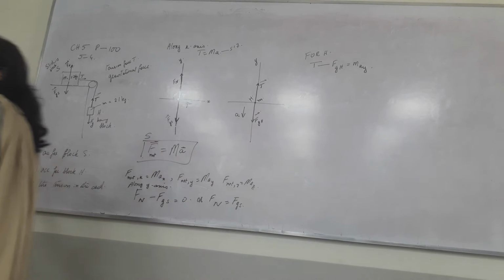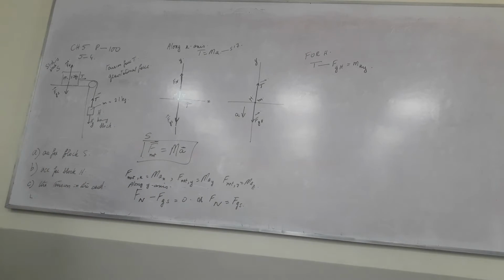Again, we are applying Newton's second law, F is equal to ma, to block H. Like we said, there could be an x component, a y component, a z component. In this case, there is only the y component. So, the equation for the y component will be T taken as positive, Fgh taken as negative, and this should be equal to the mass multiplied by the vertical acceleration.